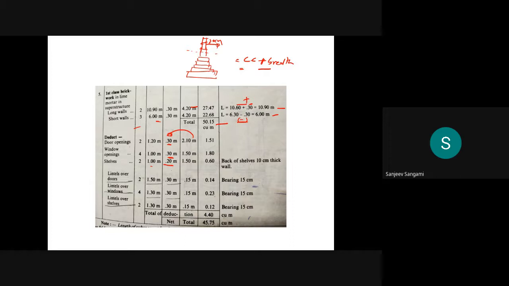Of course this is a very simple problem, but if it is more than 2 or 3 floor buildings, then a little bit of care should be taken while doing the estimates.